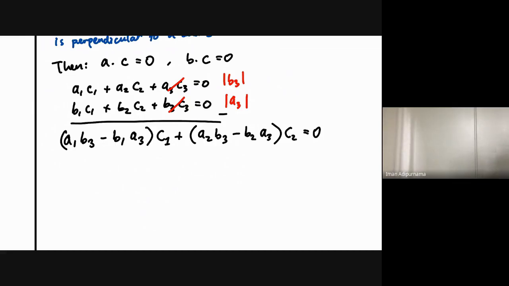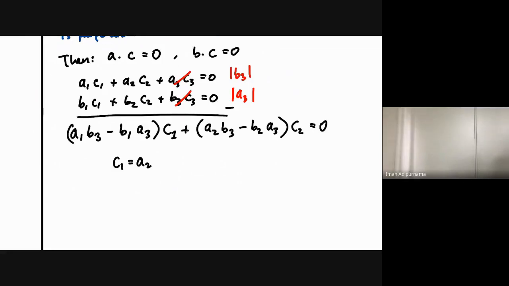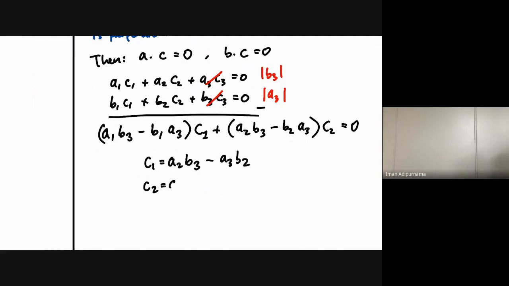And if we see this form, we can conclude that C1 is equal to A2 B3 minus A3 B2, and C2 is A1 B3 minus A3 B1. Okay. And we have these equations.